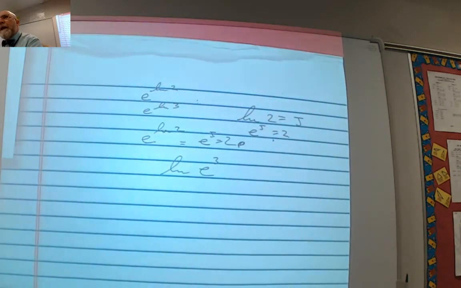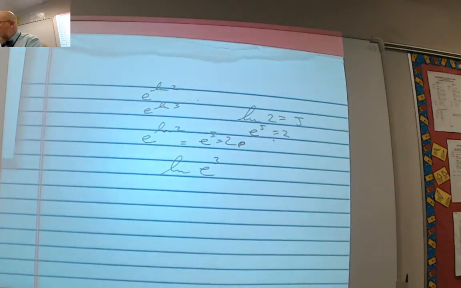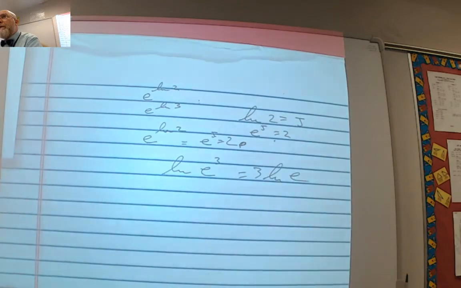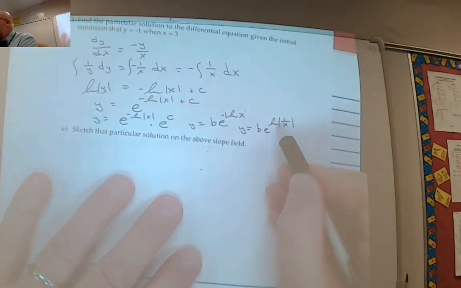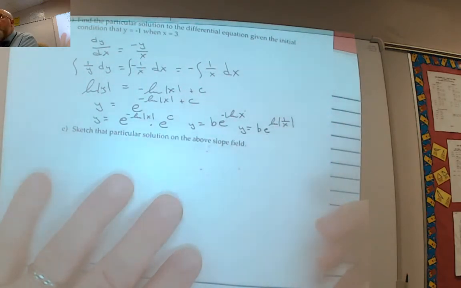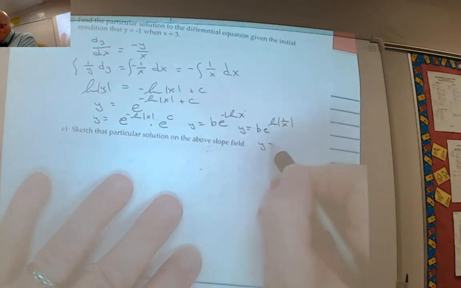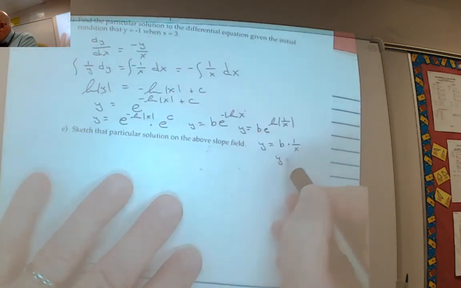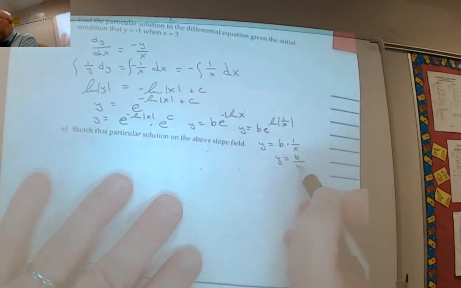What's that going to give me? Well, that's 3 times the ln of e, right? What's that going to be? 3. So this e and this ln are going to do what? Get rid of each other. And y is going to equal b times 1 over x, or y is equal to b over x.